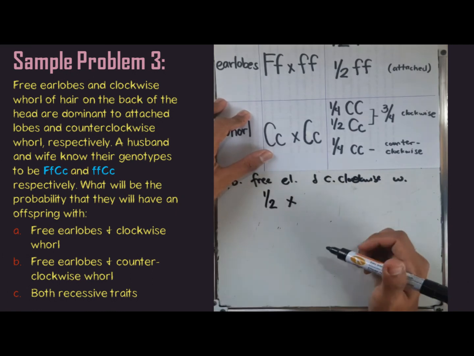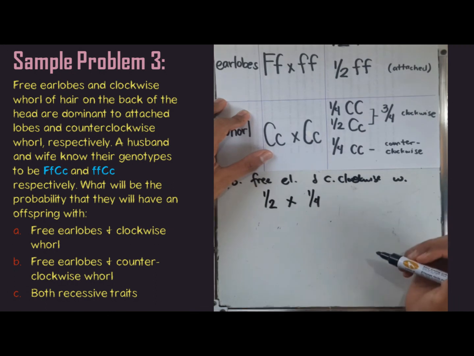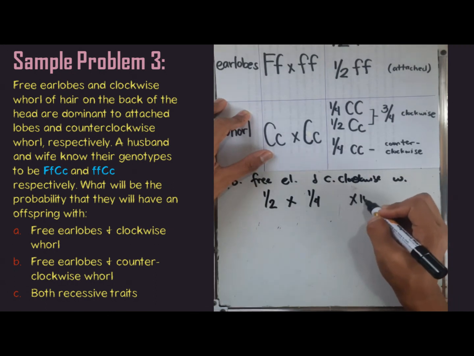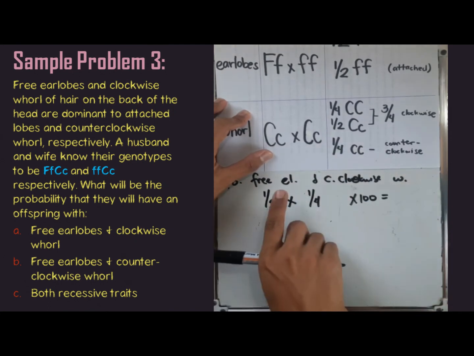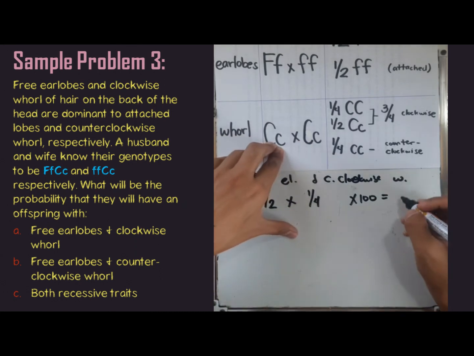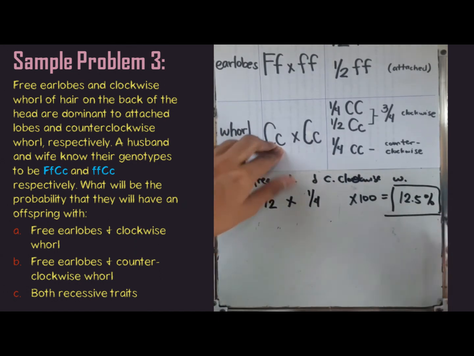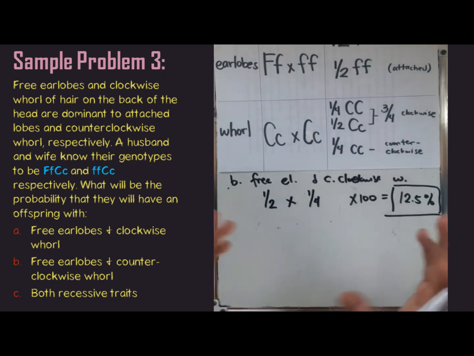Then we're going to multiply this with counterclockwise whirl that is equivalent to 1/4 probability. Then we're going to multiply this with 100. Okay? Which would give us 1 out of 8 times 100. That would also be equivalent to 12.5%.